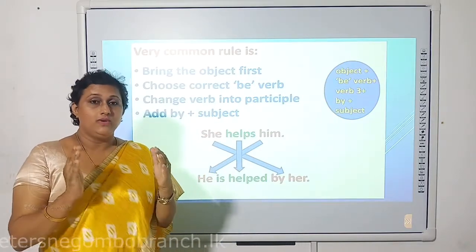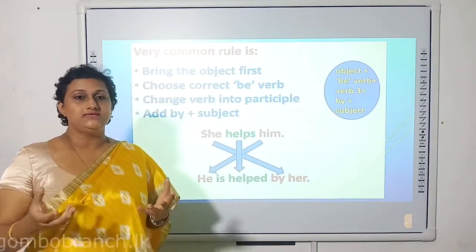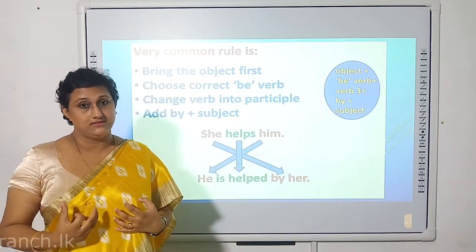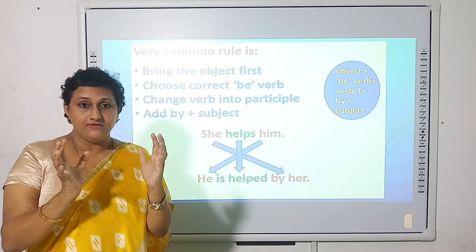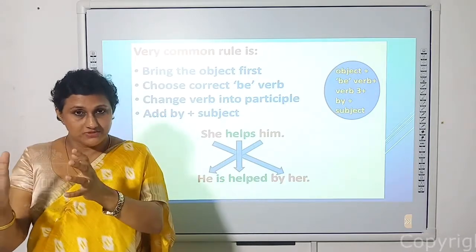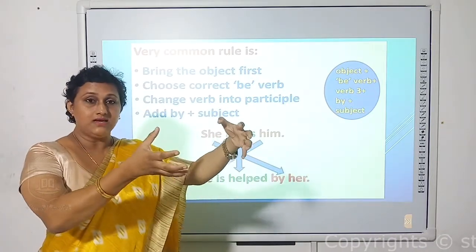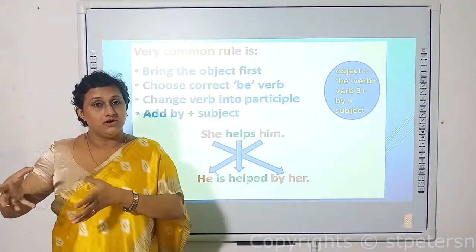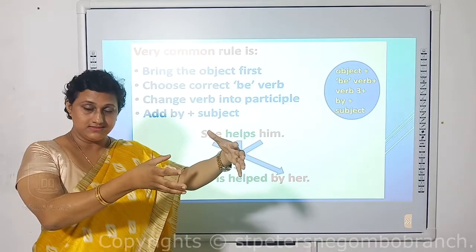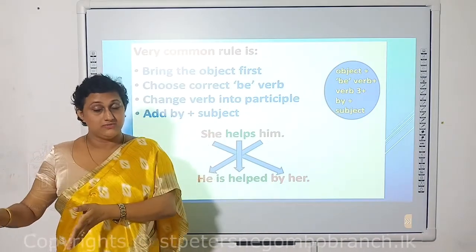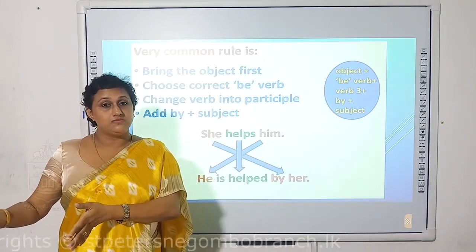So children, when it comes to changing active voice sentences into passive voice sentences, the first thing that you can do is, first you have to identify the verb, the subject and the object. And this particular object should come to the top. The particular object which is in the active voice sentence has to come to the top of the sentence when it comes to passive, right?